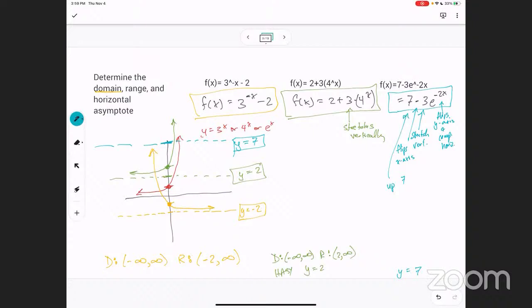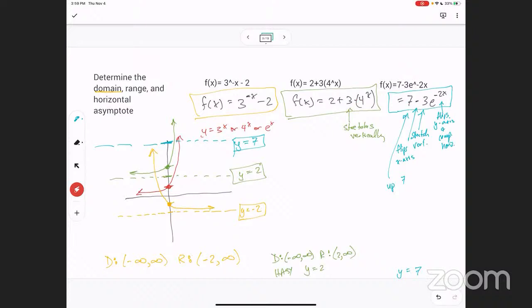Actually, you know what? I think I made a mistake. This stretches it vertically, but it also affects this number. I did make a mistake. This stretches it vertically, but it also moves that point. So actually I made a mistake for the green one.